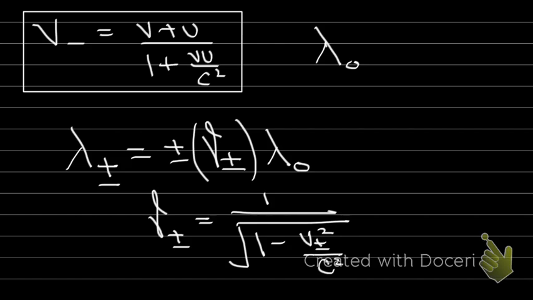Right. So now let's see what would happen to the net charge in the S prime frame. That would just be the sum of the charge densities, lambda plus and lambda minus, right? So let me write that down here. So the net charge, lambda total, is equal to lambda plus plus lambda minus, right?